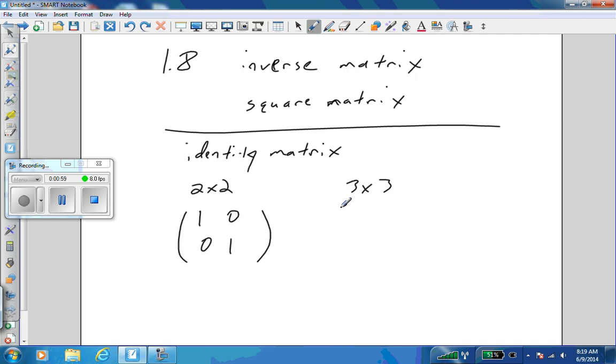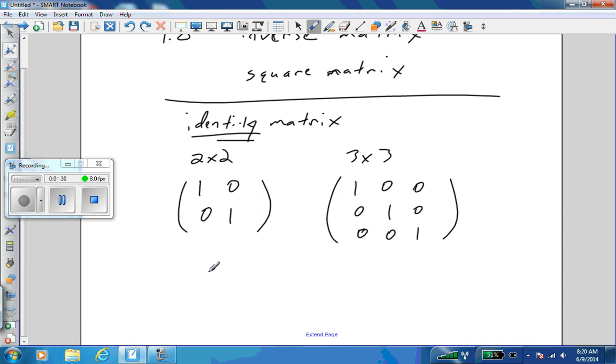A 3x3 identity matrix has ones on the diagonal, zeros everywhere else. And when I say the diagonal, I mean going from top left to bottom right. That's called the main diagonal, or often just referred to as the diagonal.